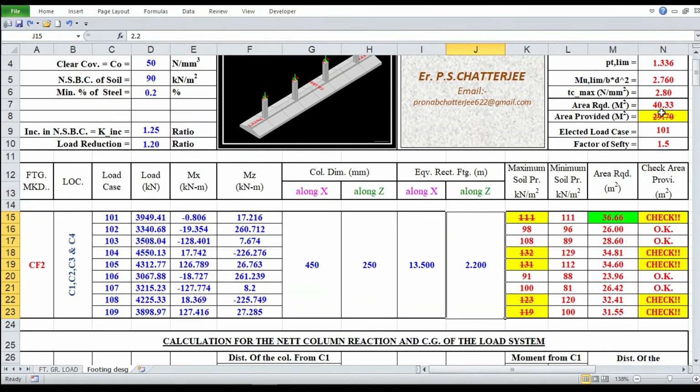Area required 40.33, but we have provided 29.7. So I'm increasing the width because here column length is fixed. Not sufficient. 3. Now it is sufficient. Our selected load case is 101, that is dead load plus live load. So factor of safety accordingly 1.5.